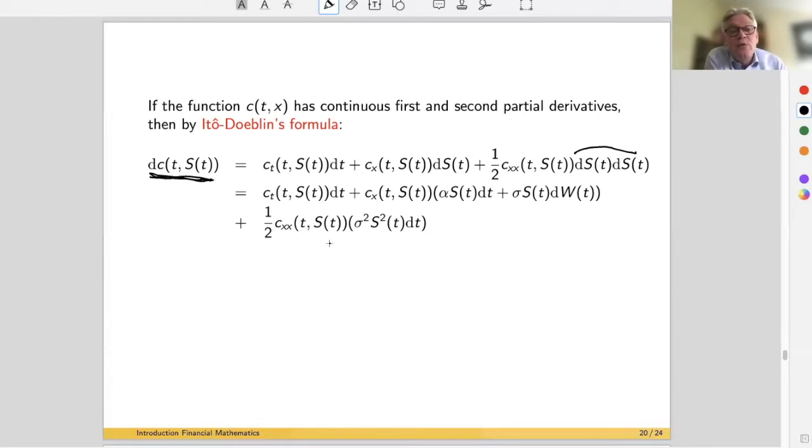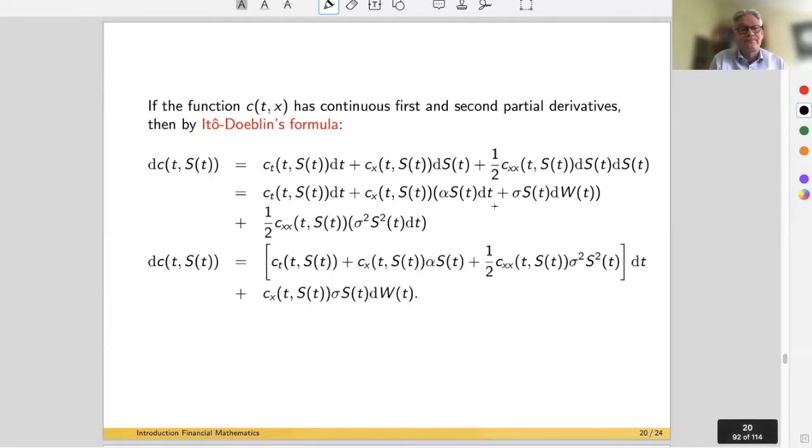Again, what we can do is collect the dt terms and the dW terms. So let's do that. We see a dt term here, dC/dt, that is appearing here. We see here alpha S dC/dx dt, that is copied over here.